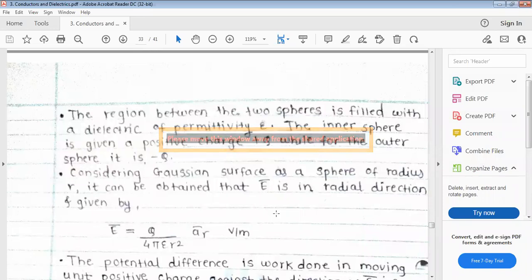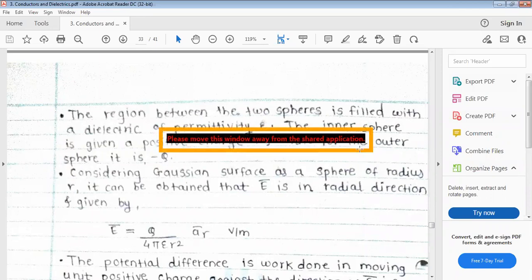We have seen the concept of electric field intensity in the second chapter. We consider one charge, and that charge produces an electric field in the outward direction.